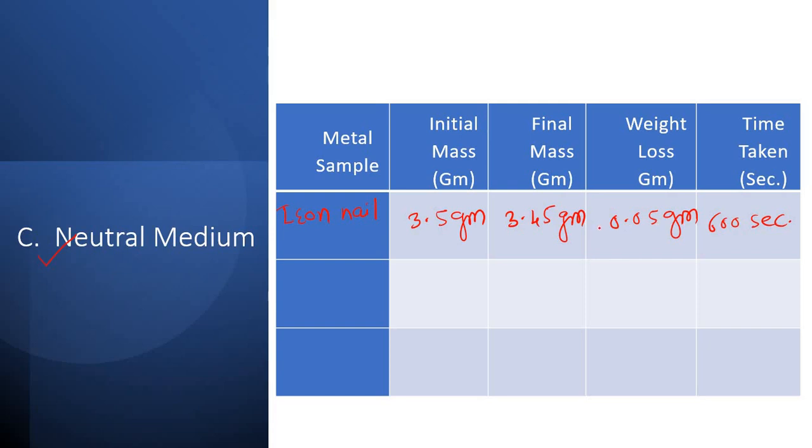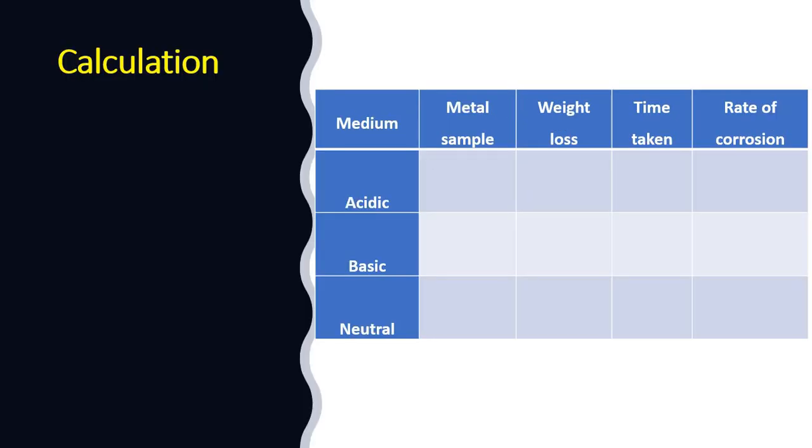On the basis of these three observations, that is in acidic medium, basic medium and neutral medium, you can make a calculation table like this. We have taken the medium, that is acidic, basic and neutral, then the metal sample. For all the times we have used iron nail.